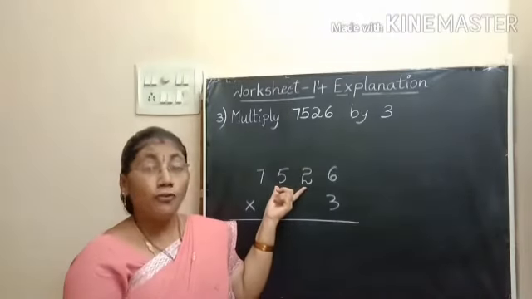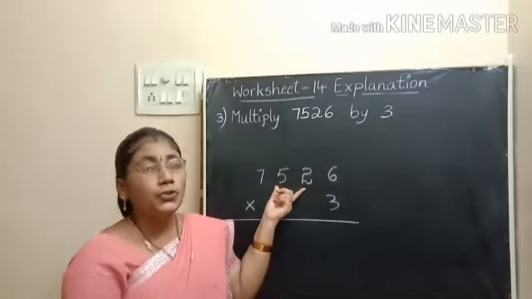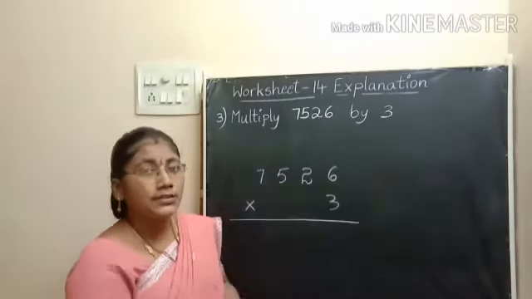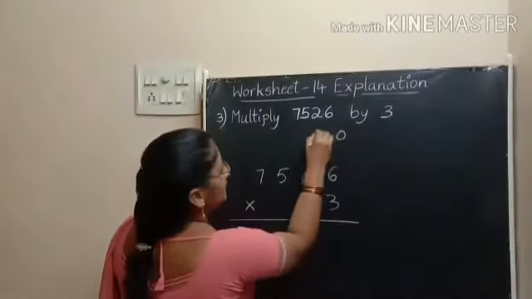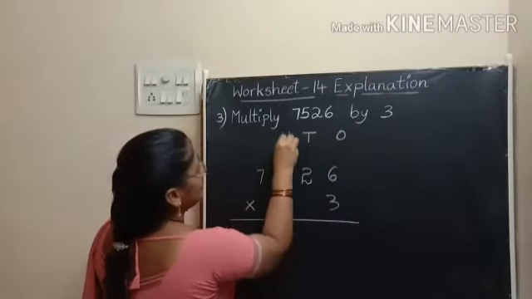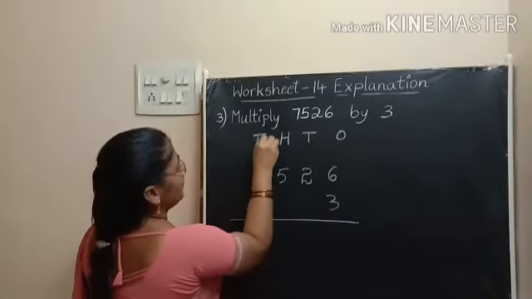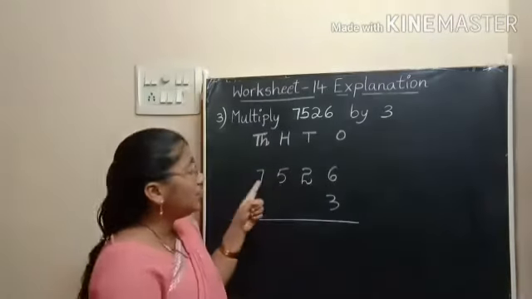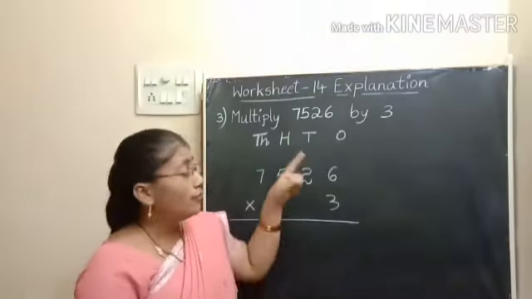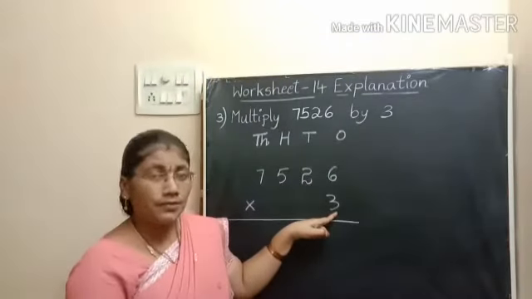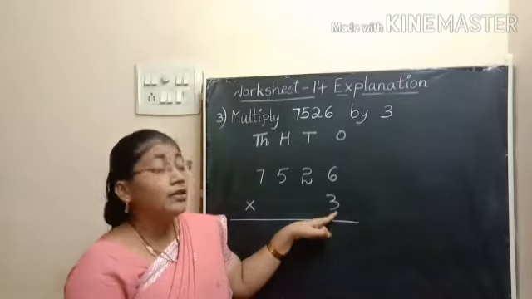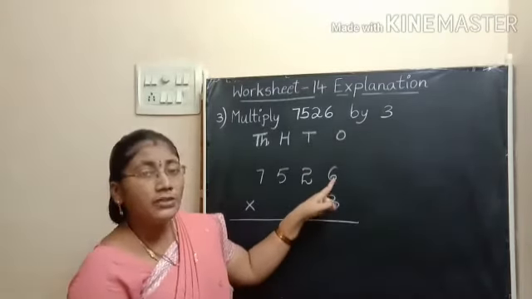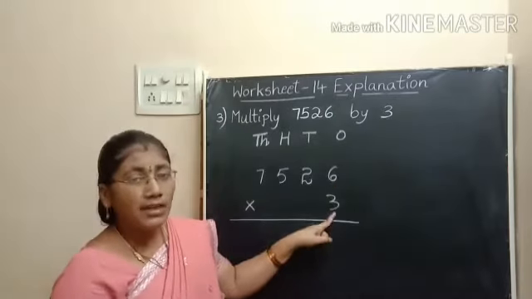We have 4 digits. So, to represent these 4 digits, we need 4 places. These are ones, tens, hundreds and thousands. And we should multiply each and every digit of the multiplicand with the multiplier. Understood, children? Then, first we should multiply the digit in the ones column with the multiplier.